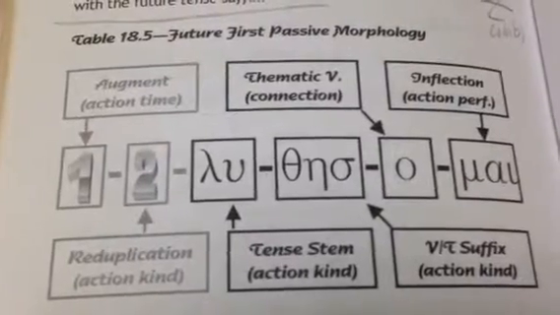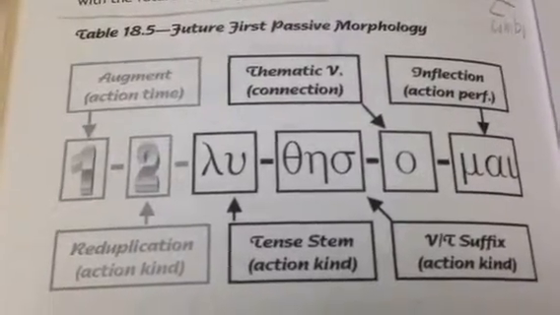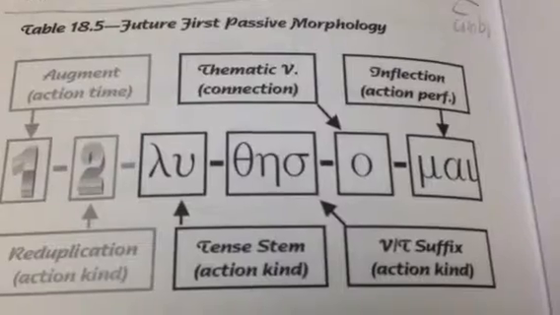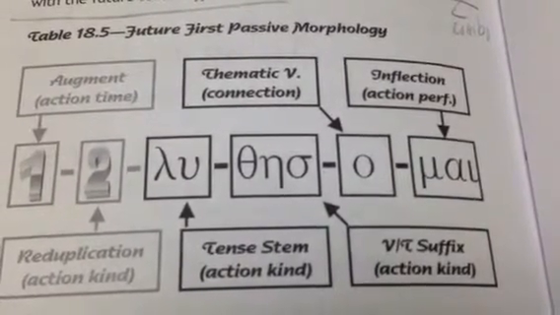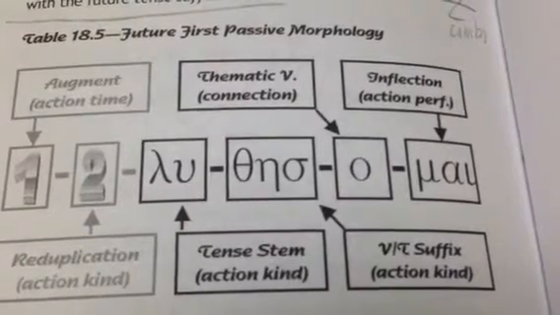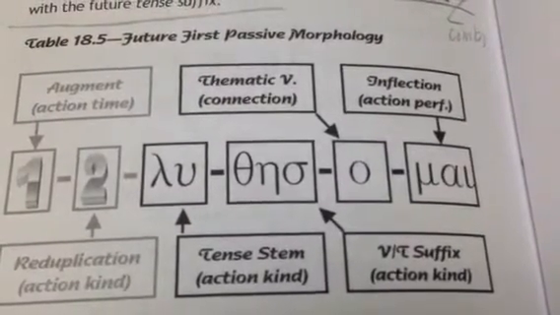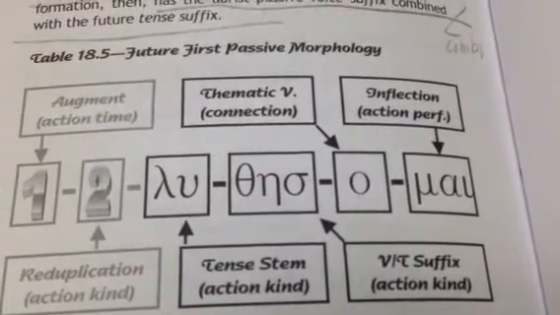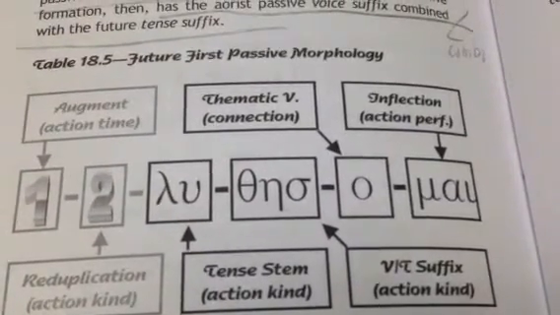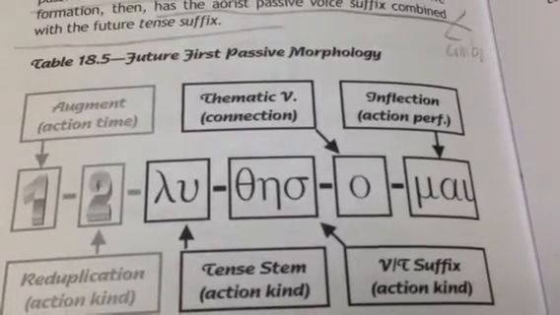So we start with box number 3, the tense stem. Then we have our voice verb tense suffix, theta eta, and it incorporates also the tense suffix, the sigma from the future, and together it forms theta eta sigma.